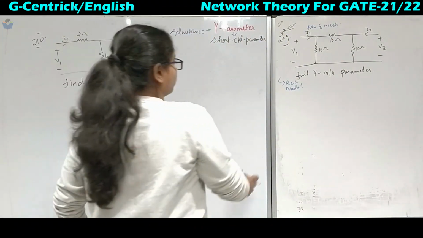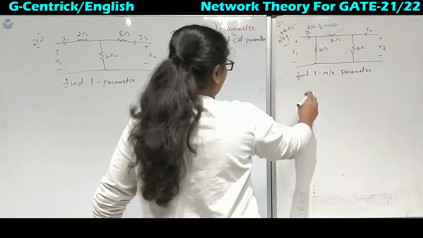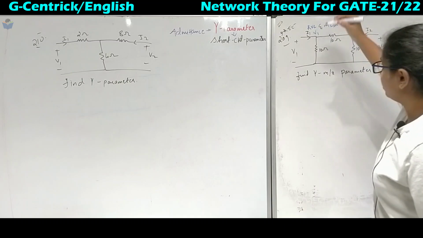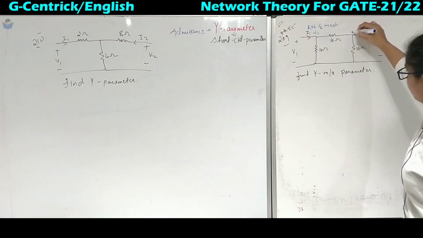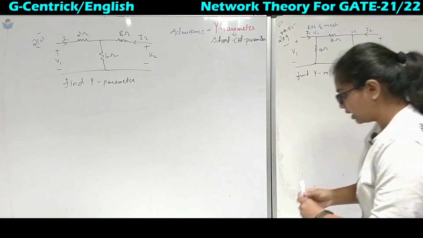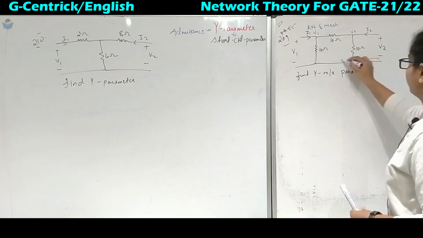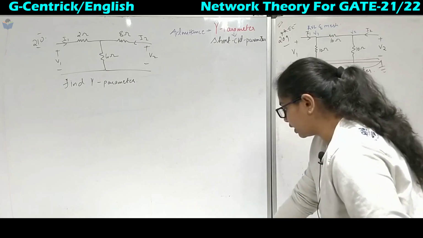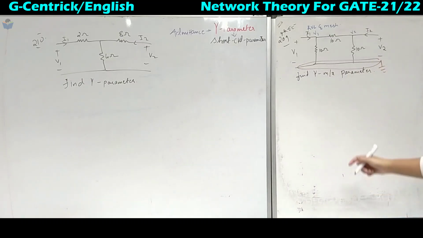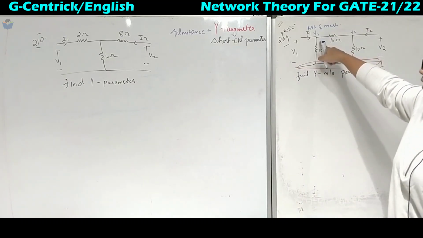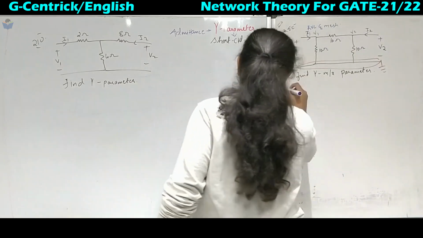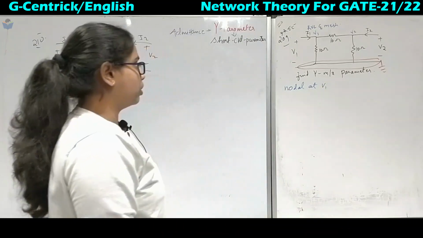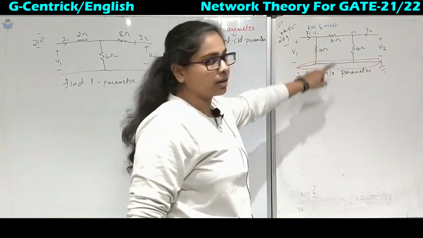Going with this method, if this is plus V1, this potential will also be V1. Similarly over here, this will be V2, and this we can take as ground. Now we apply nodal at V1, taking the incoming current.